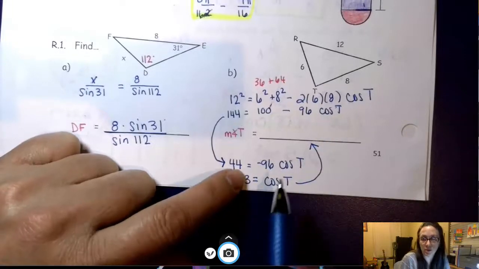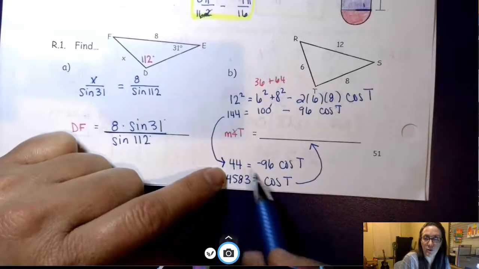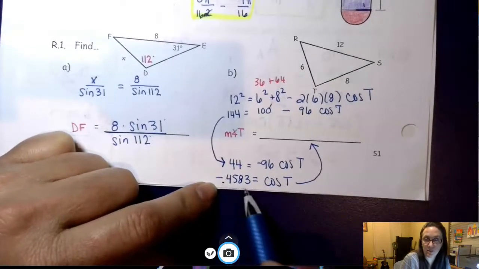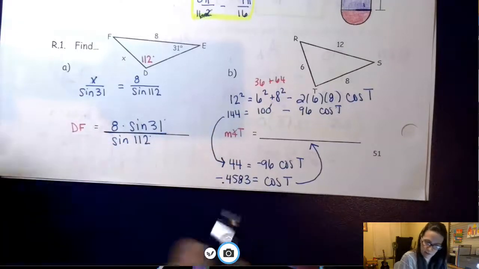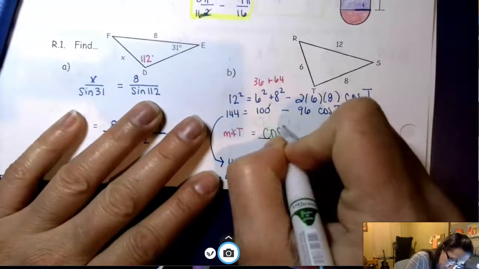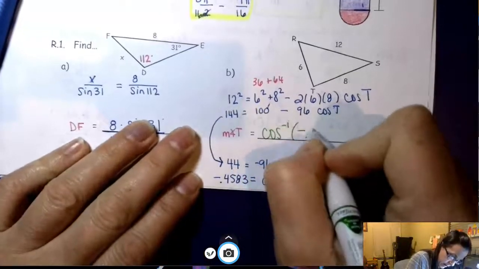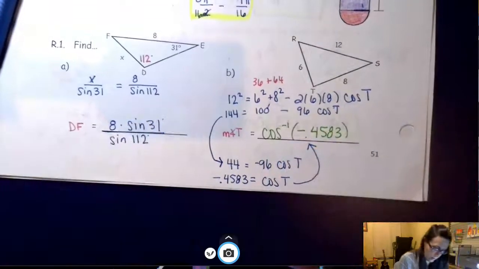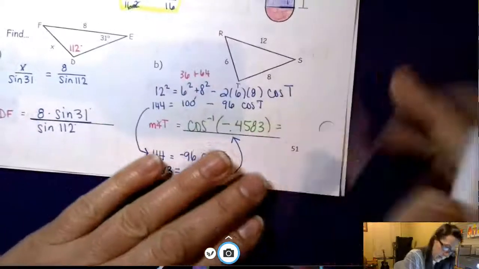Now when you're getting your cosine t by itself, I divide. 44 divided by negative 96 gives me negative 0.4583 for cosine t. Well, remember, when you're looking for the angle here, we need to do inverse cosine of this number, negative 0.4583, or inverse cosine of 44 over negative 96, if we didn't have a calculator.